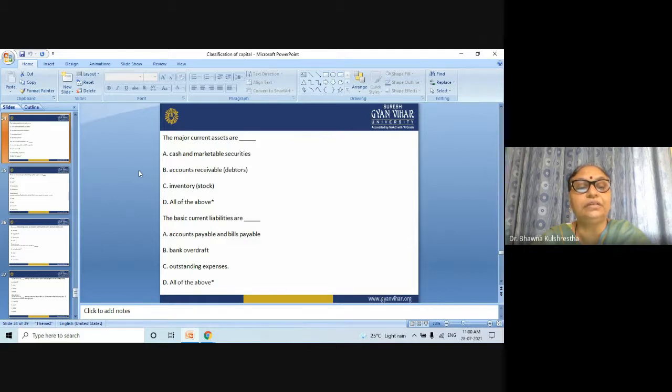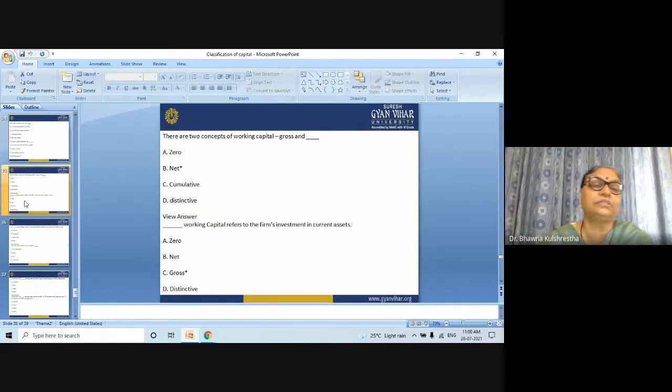The answer is all of the above. There are two concepts of working capital: gross, zero, net, cumulative, and distinctive. The answer is net.